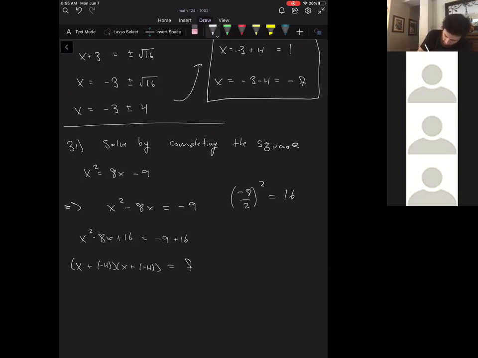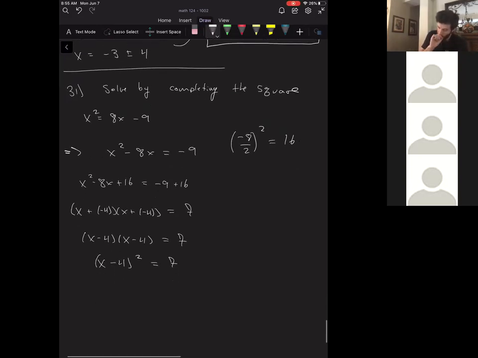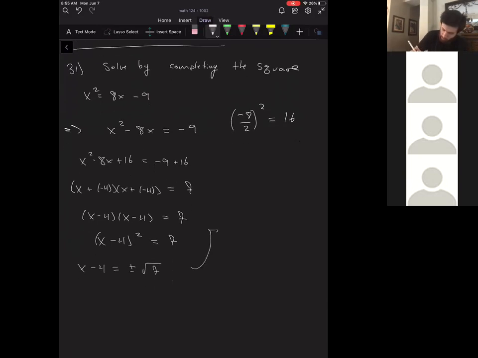So what we have is x minus 4 is equal to 7, which is like saying x minus 4 squared is equal to 7. And now, just like before, we can take the square root of both sides. So x minus 4 is equal to plus or minus the square root of 7. And then we would add the 4 over. So we get x is equal to 4 plus or minus the square root of 7.